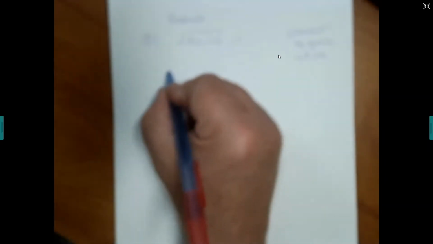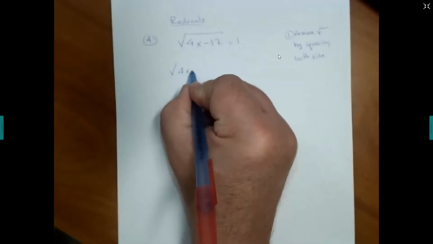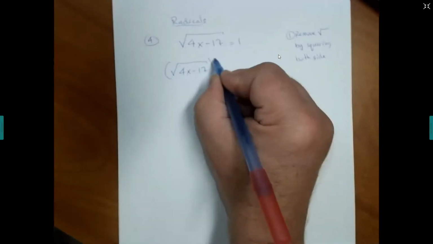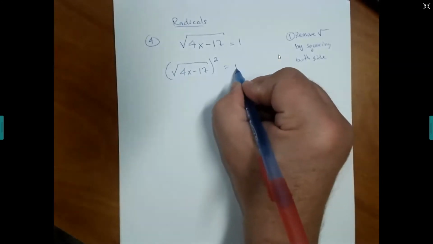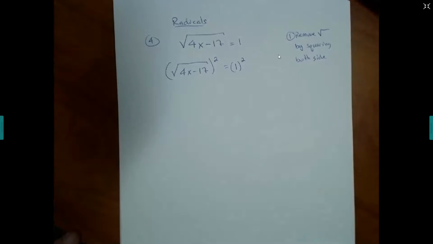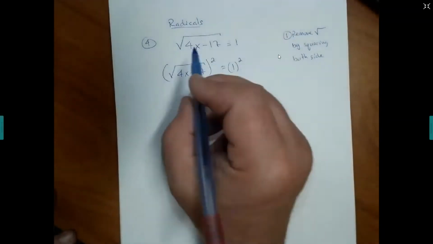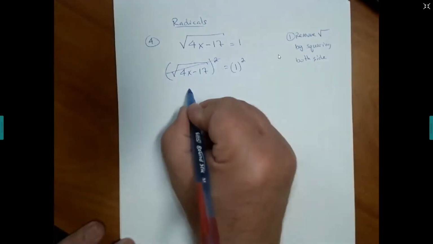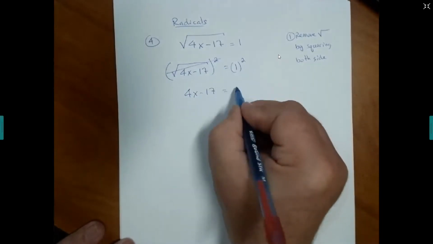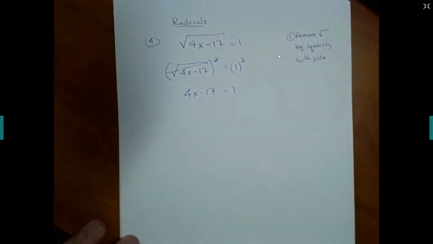So we have to square the left side and the right side. So the square root and the square cancel out. Equals 1 squared is 1.